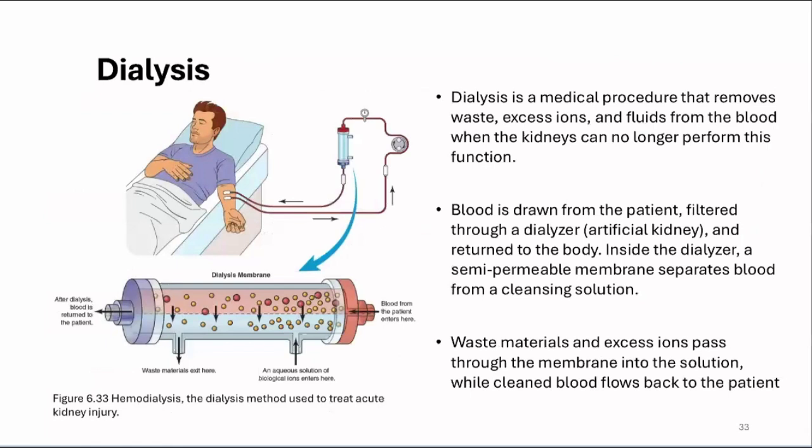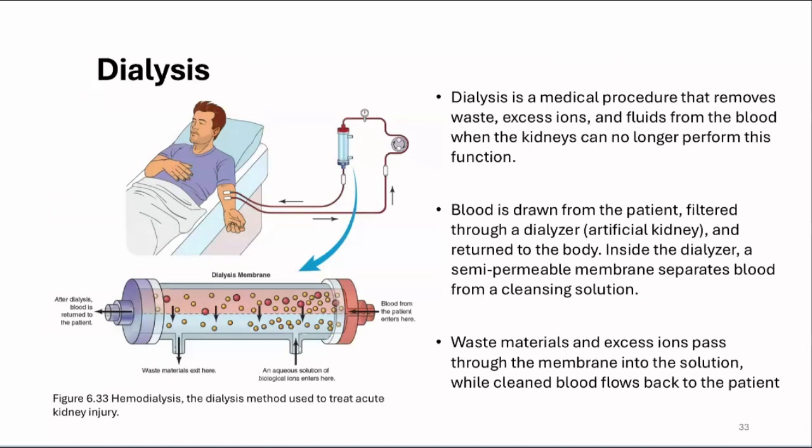The last concept that we need to explore in this chapter is dialysis. Dialysis is a medical procedure that removes waste, excess ions, and fluids from blood when the kidneys no longer perform this function.